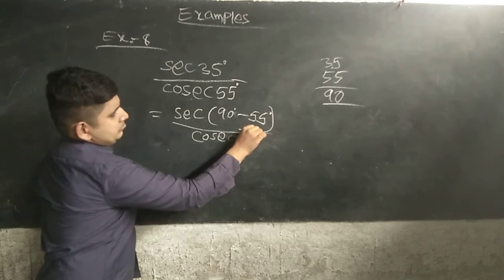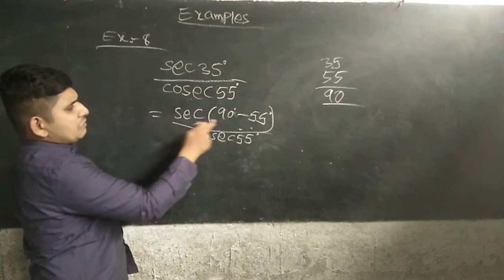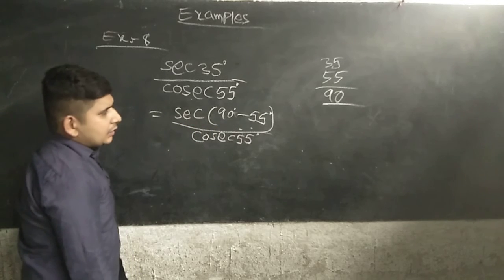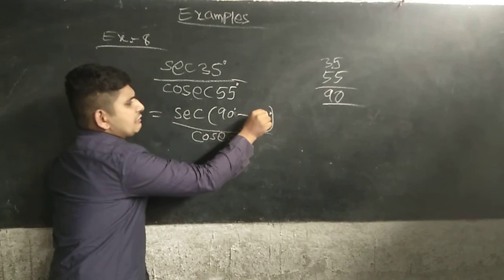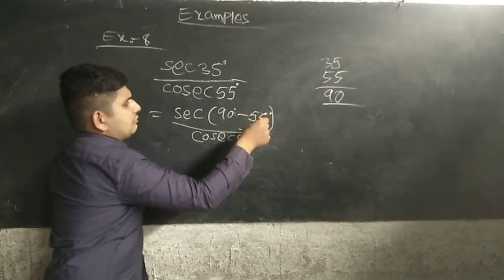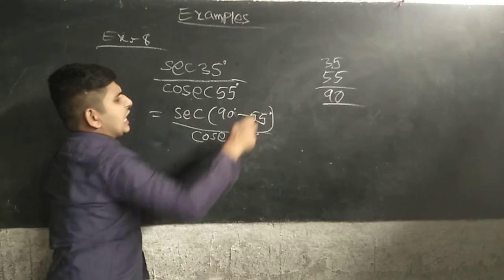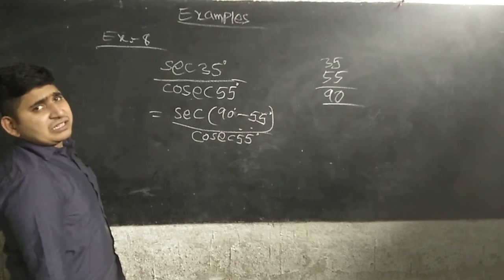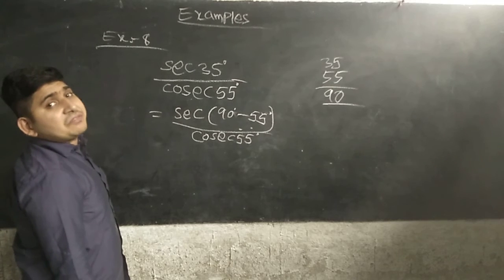Now, sec of 90 minus theta equals what? Cosec theta. Already we have discussed this in the topic of trigonometric ratios of complementary angles.